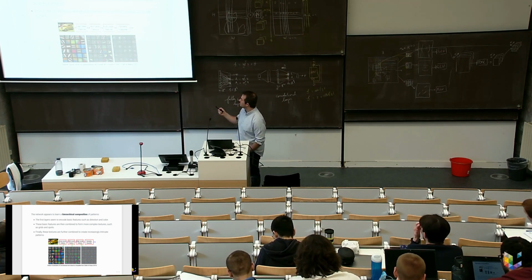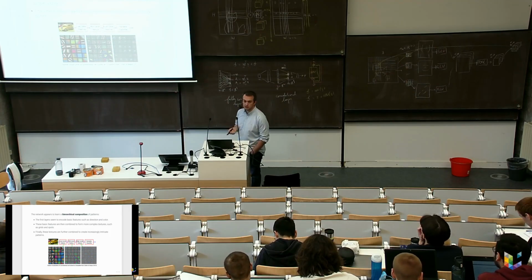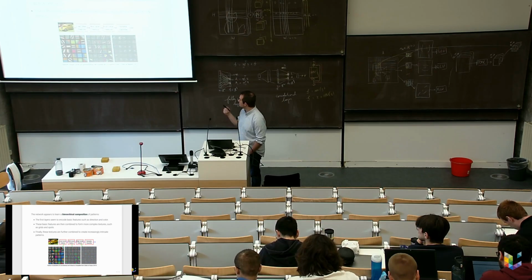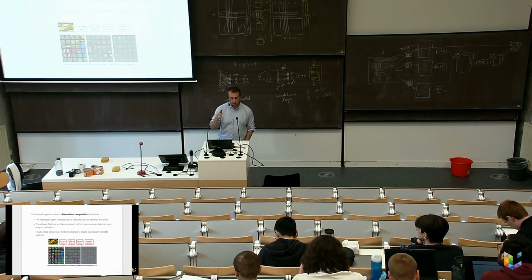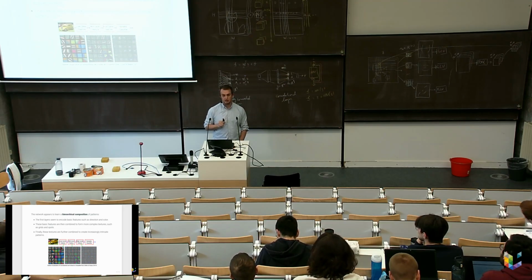Then these basic features in the next blocks are combined to form more complex patterns, like textures, or grids, or spots, as we've seen. And finally, these textures are further combined to create increasingly complicated patterns. What is interesting is that we never encode these patterns ourselves. They are discovered by the neural network as we train it.